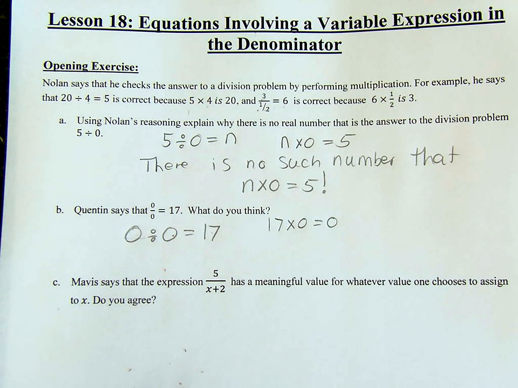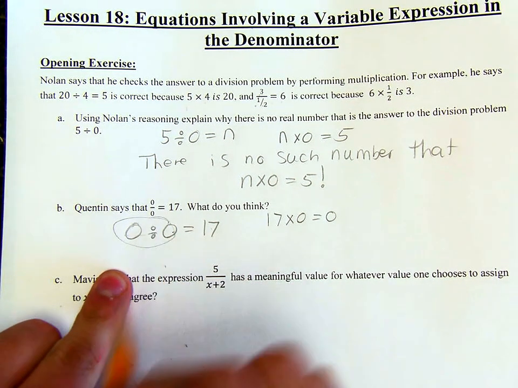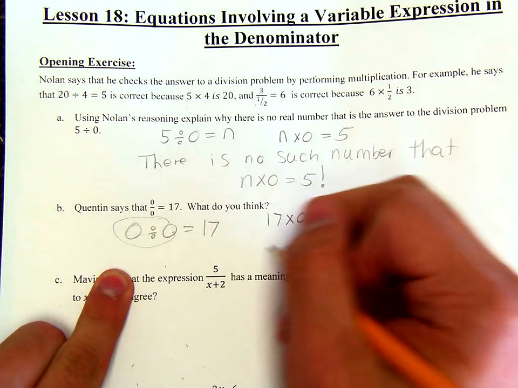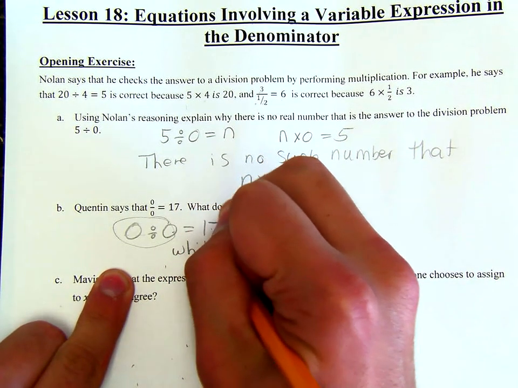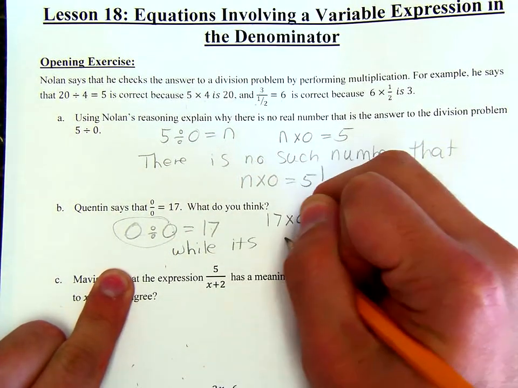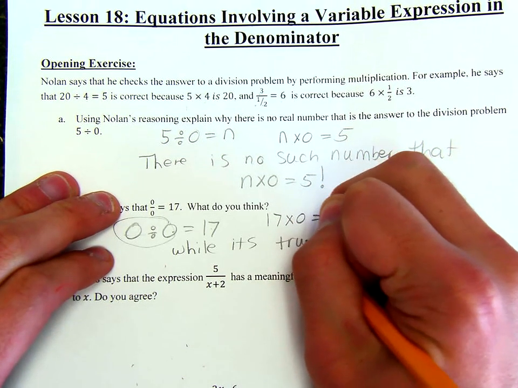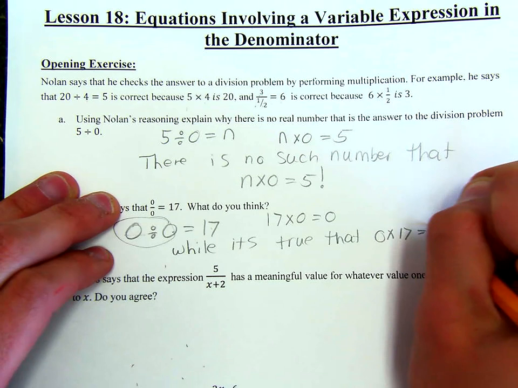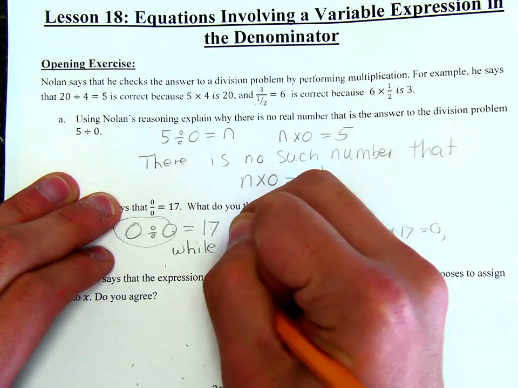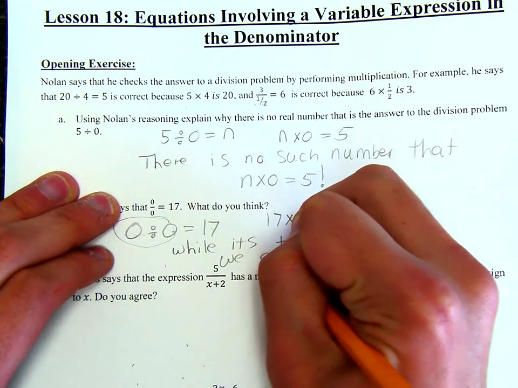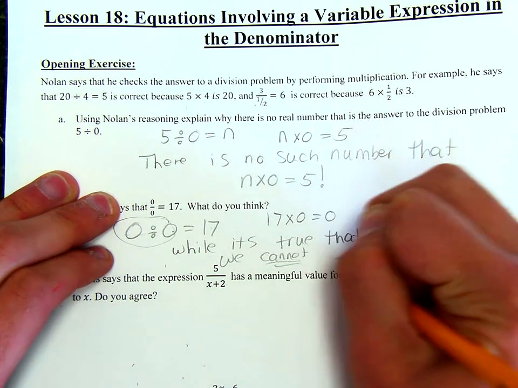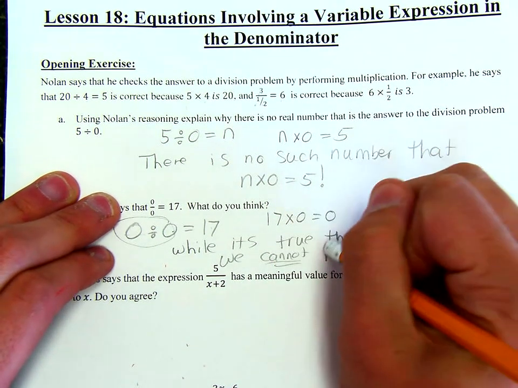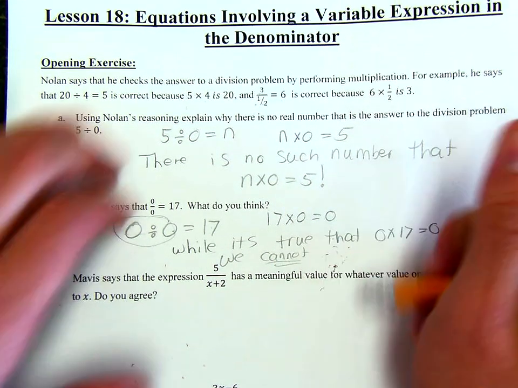So we could say, well, it's true that 0 times 17 is equal to 0. We cannot divide by 0.